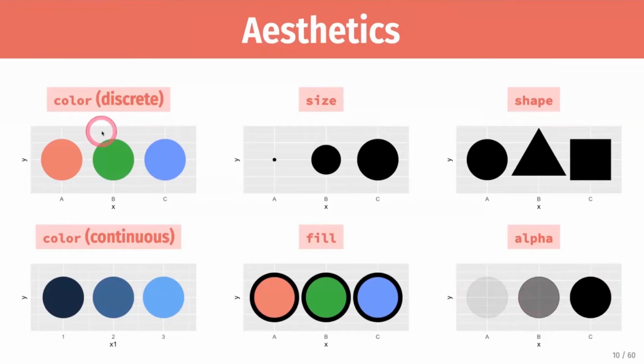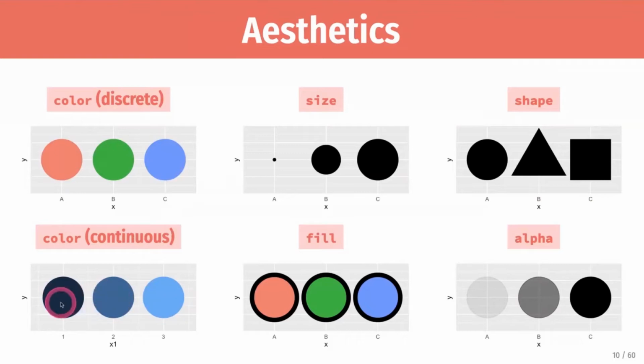If you notice, there's a little bit of a difference in the color aesthetic. If you have discrete colors, like categories, like a continent, then the colors that will show up are going to be wildly different from each other. And that's by design, so you can readily tell the difference between A and B and C. If you have a continuous variable mapped onto color, then it's going to do a gradient type thing.